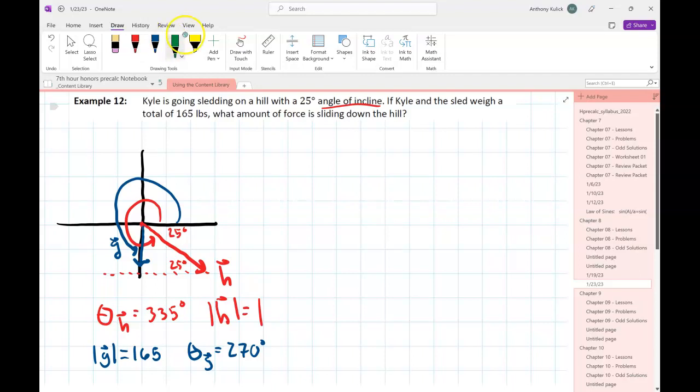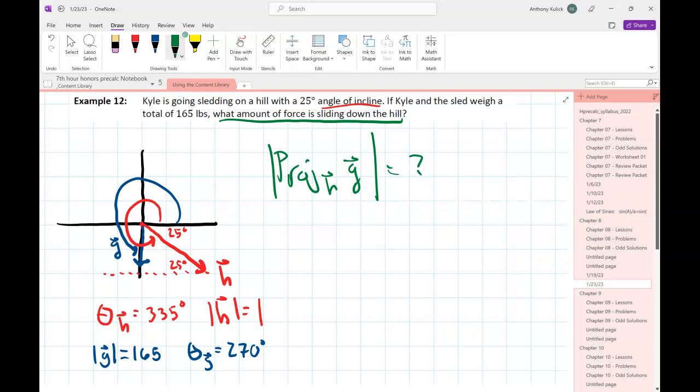So the amount of force going down the hill is the projection of gravity onto the hill, and then we'll just take the magnitude of that. That's what we're looking for. So far, so good.